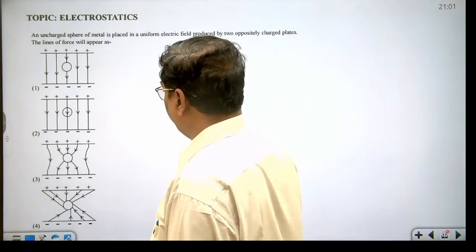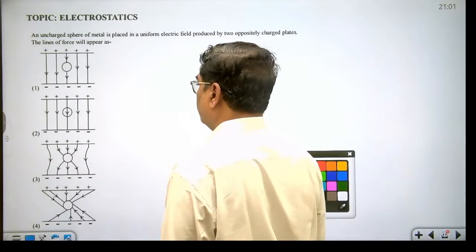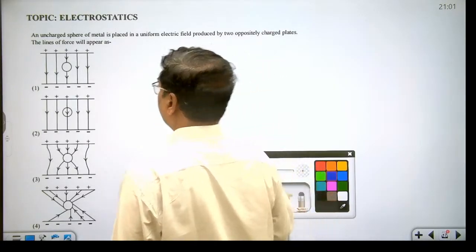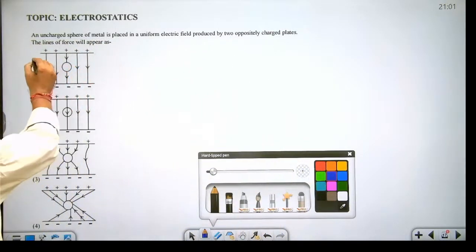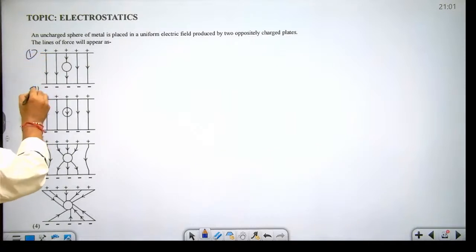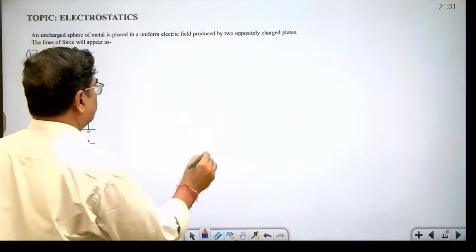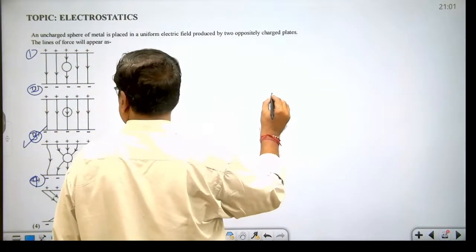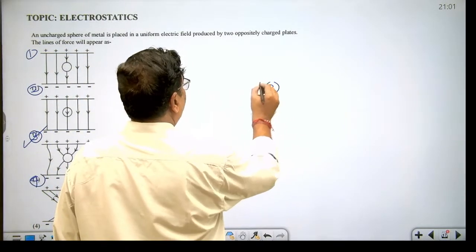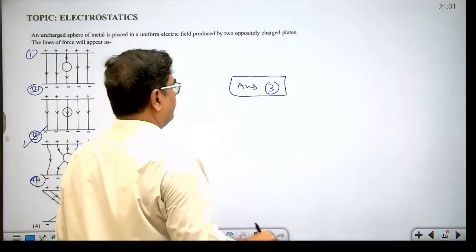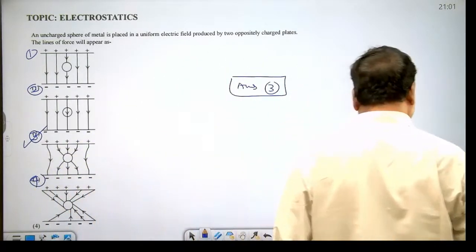So out of 4 diagrams, this is option 1, this is option 2, this is option 3, and this is option 4. So option 3 is the correct answer, because at the surface of a conductor, electric field lines come perpendicular to the surface, because a conductor surface is an equipotential surface.